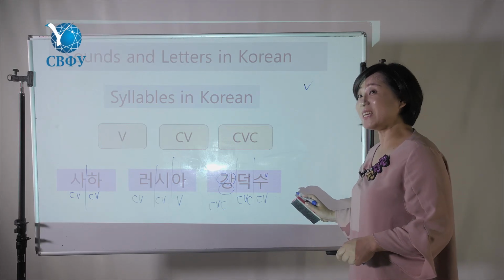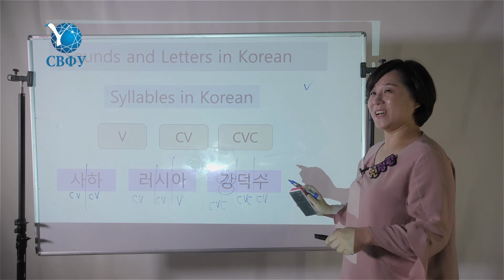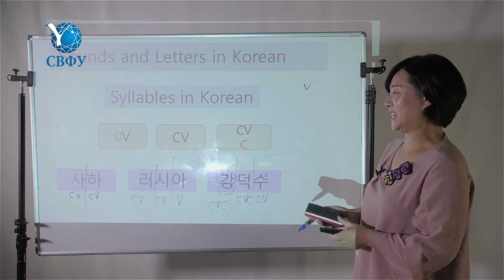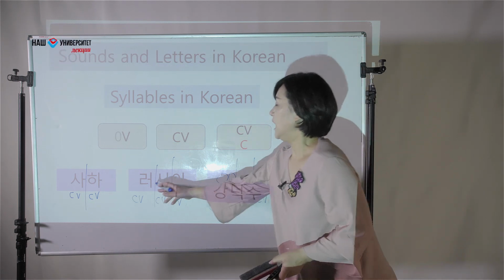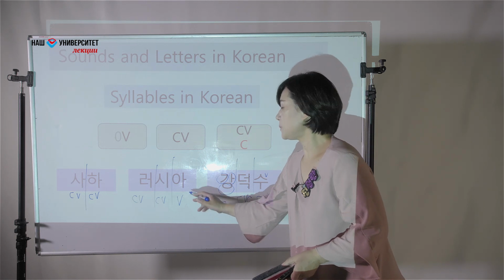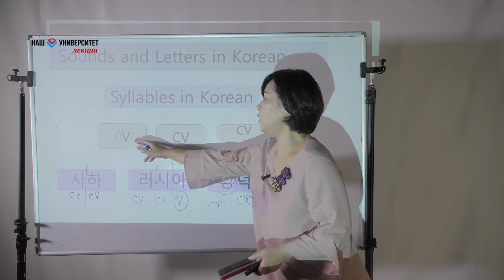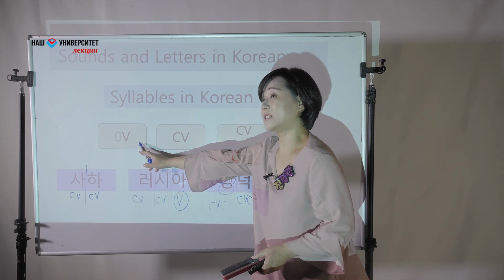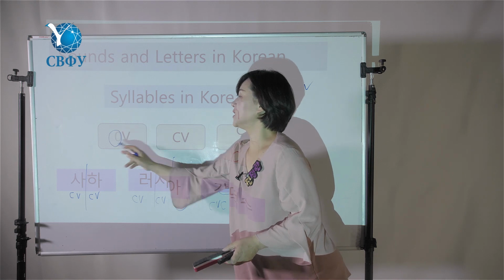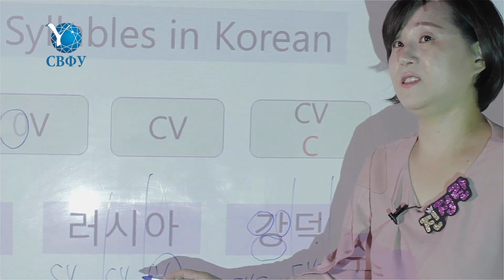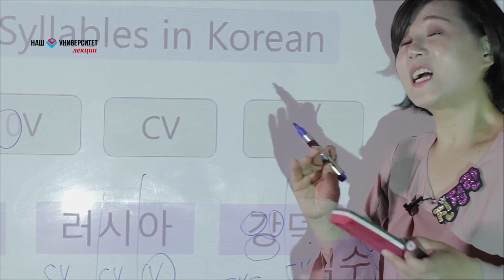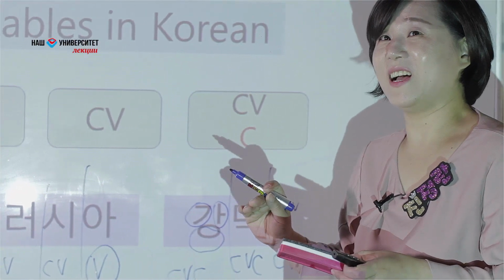Did you find something in it? Some order in how to write the consonants and vowels in Korean? Good. Like in Russia, when a vowel alone makes a syllable, you need to add a zero consonant before the vowel, because we always need a consonant and a vowel to make a syllable.